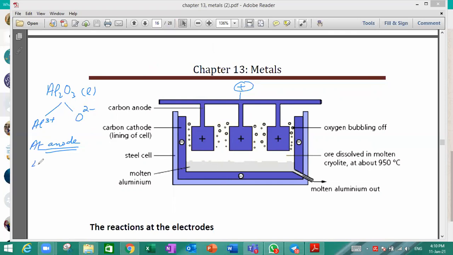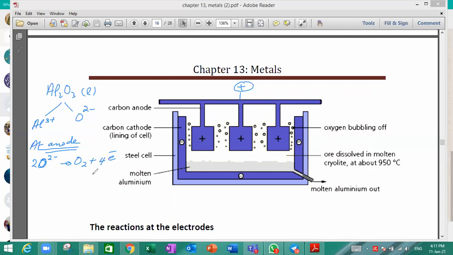And there, two oxide ions will form O2, oxygen gas, and every oxide ion will release two electrons, so both will release four electrons. Okay, this is the reaction happening.